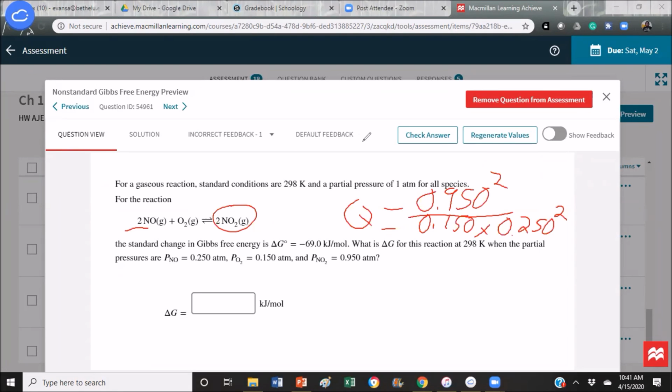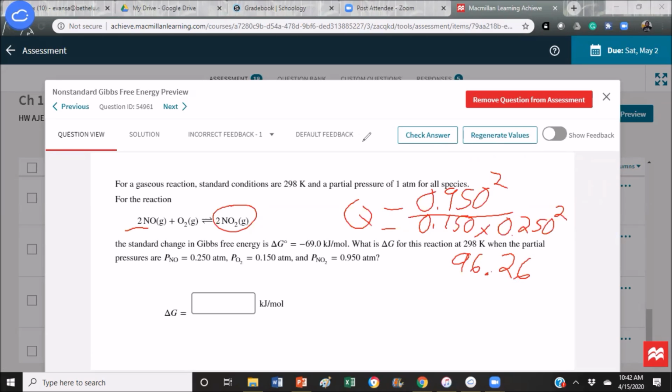So first thing off, I almost always find my Q. I mean, you could plug them all into one big equation and you would probably be fine, but I almost always find my Q separately, just to force a habit. So Q is 96.26.